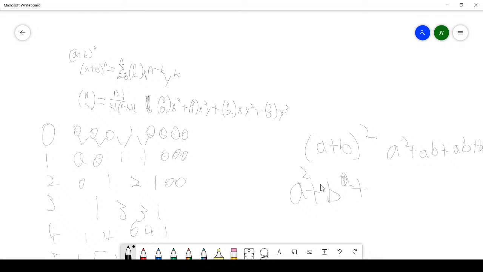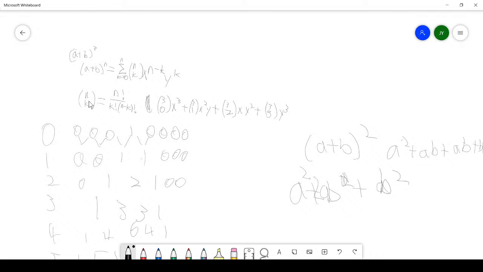So this becomes a squared, 2ab, and b squared. If you look here, the coefficients for this are equal to the second row of Pascal's triangle, which is the same as the number we used to do here. And using the same logic, this applies to 3 as well.